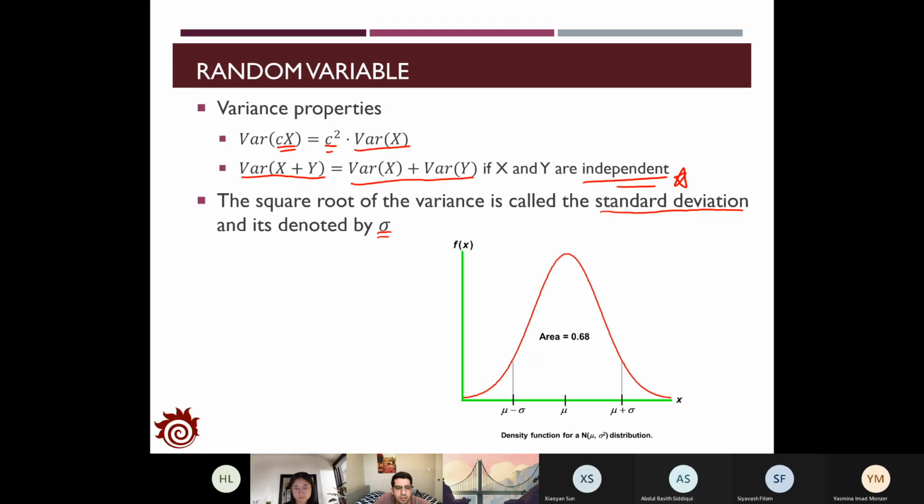And usually for the standard normal distribution, the probability of the variable in the range of mu minus sigma to mu plus sigma is around 0.68. So this is actually the common value for the standard normal distribution. Of course, you can extend the coverage to find different percentiles or different coverage of the distribution.